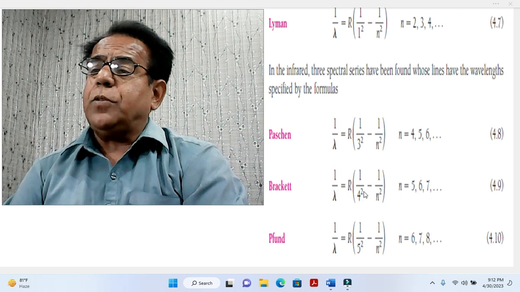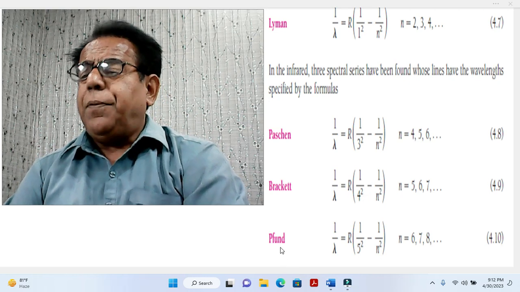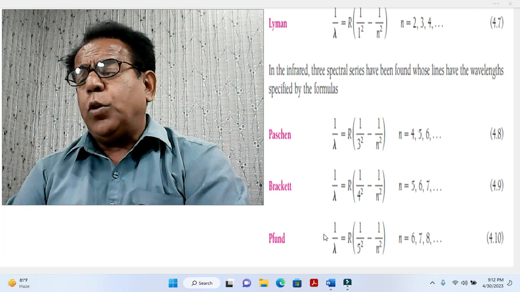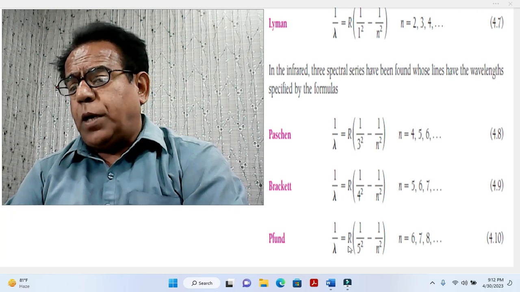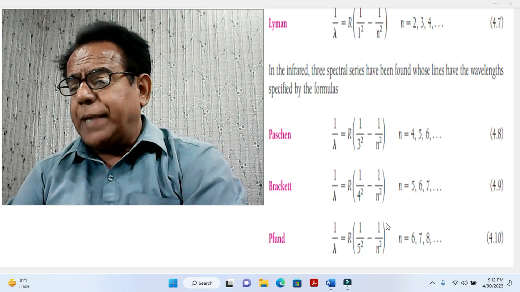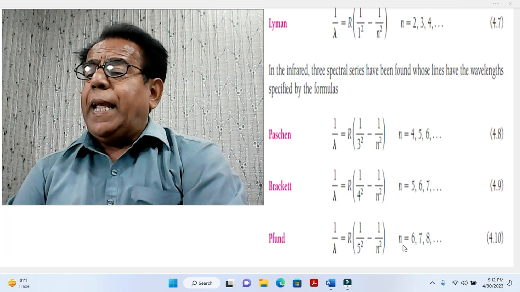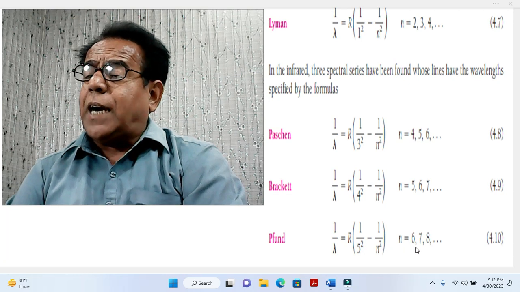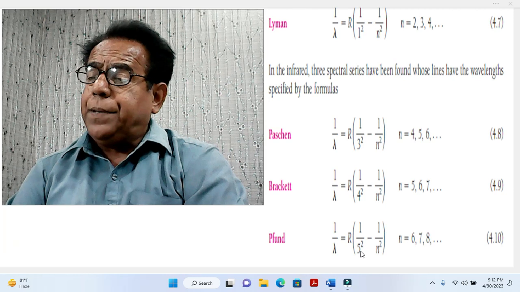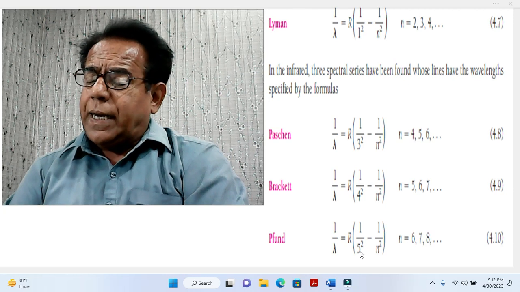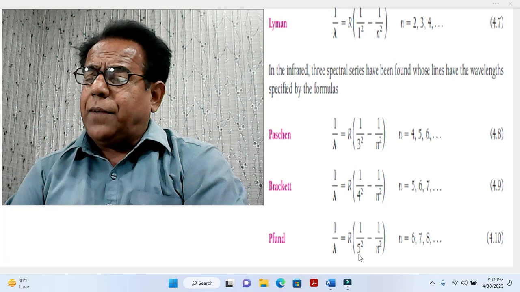Okay, so Pfund: 1 over lambda is equal to R times (1 over 5 squared minus 1 over n squared), and n starts from 6, that is one step ahead or one step advance than this number.